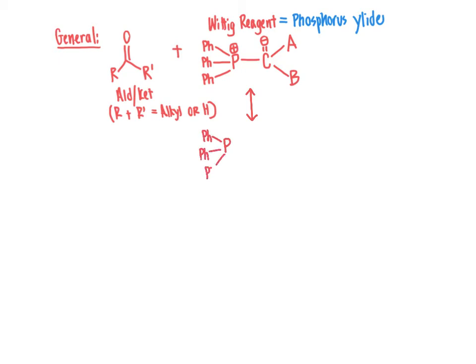Both are going to behave the same in the chemical reaction, so it doesn't matter which of these 2 resonance forms you see drawn out. You can convert between the 2 by taking the lone pair electrons from the carbon and bringing those down to make a carbon-phosphorus double bond, and alternatively, you can go back in the other direction by bringing the pi electrons over onto the carbon.